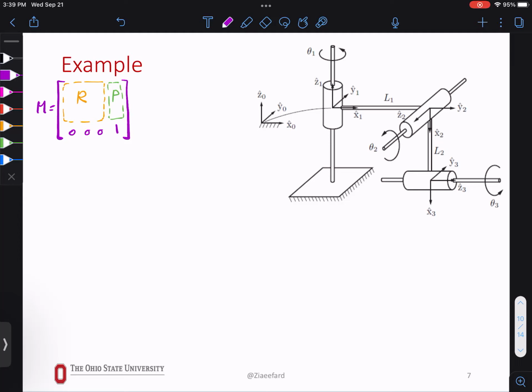Just take these out so I can fill in there. If you have been comfortable with finding the rotation matrix between two frames that you have practiced so far, and the position of the origin between two frames representing another frame, you should be able to calculate this very quickly.